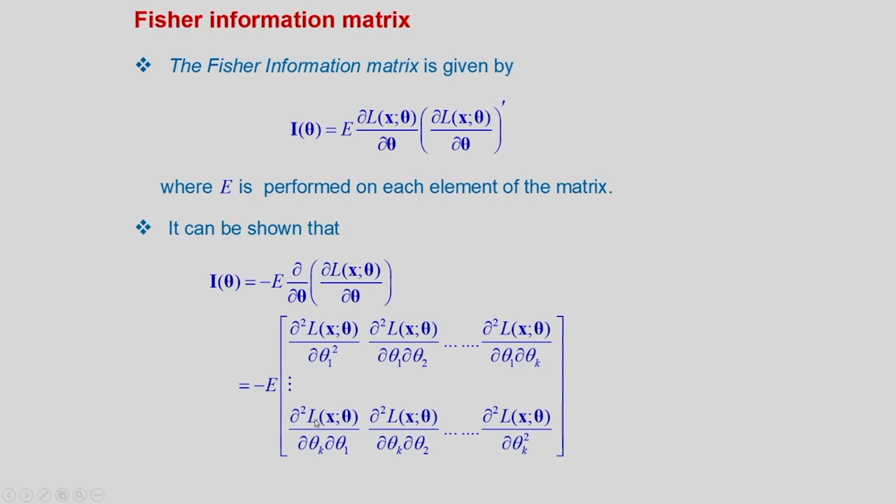Last row will be del 2 L del theta k del theta 1, del 2 L del theta k del theta 2, like that up to del 2 L del theta k square. So, this is the Fisher information matrix.